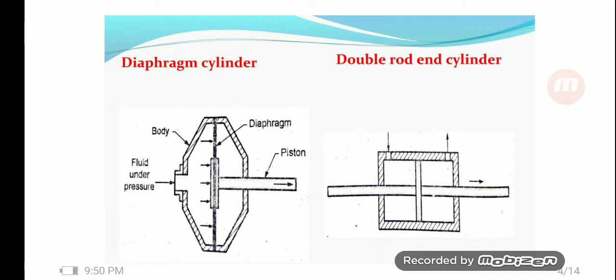So the piston which is attached to the diaphragm moves forward. When the pressure is reduced, the diaphragm returns in the reverse direction and the piston comes to its original position. So this is the working of the diaphragm cylinder.